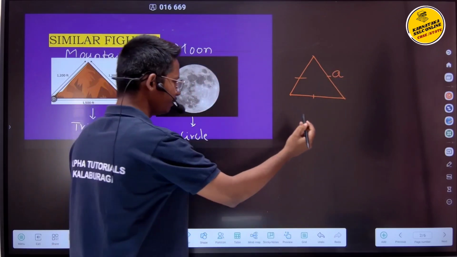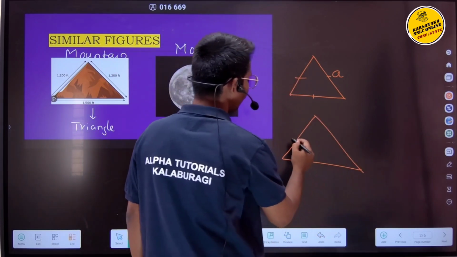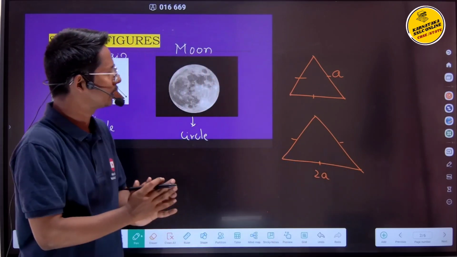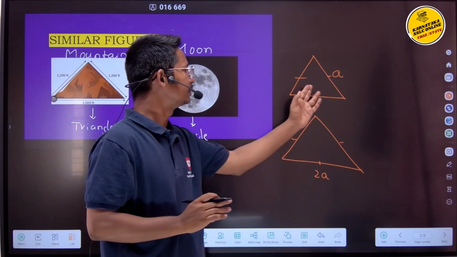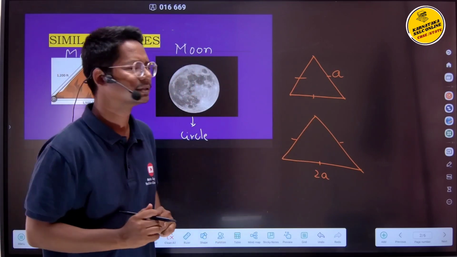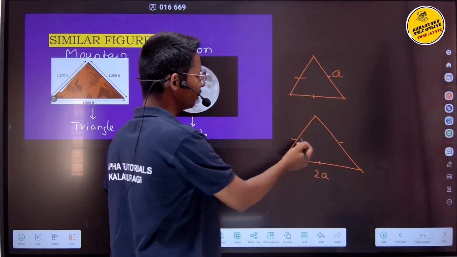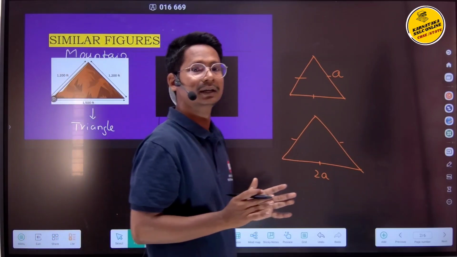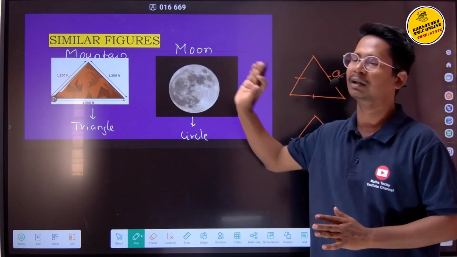And I take one more equilateral triangle of each side 2a. Now you can see both figures have the same shape, but the size is different. Size means the sides: here each side is a, but there each side is 2a. Such figures that have the same shape are called similar figures.